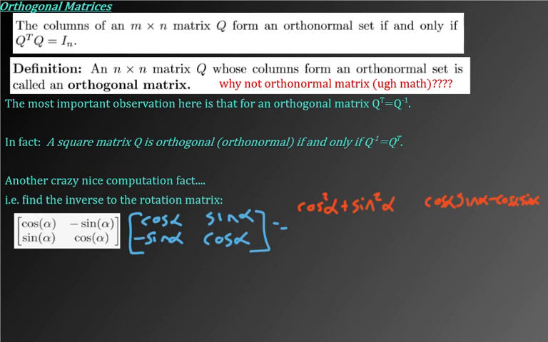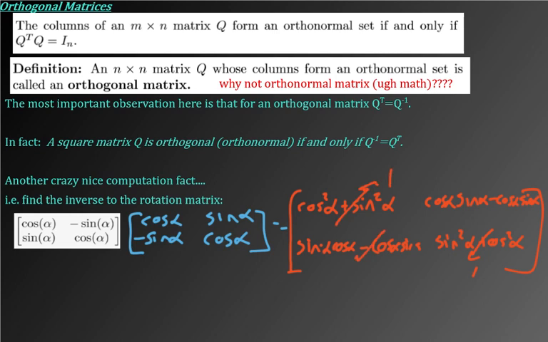Then for this entry, you would get sine cosine minus cosine sine. And then this one would be another sine squared alpha plus cosine squared alpha. And so truly, this goes to 1, this goes to 1, this goes to 0, this goes to 0. And you're getting the identity, which is pretty cool.